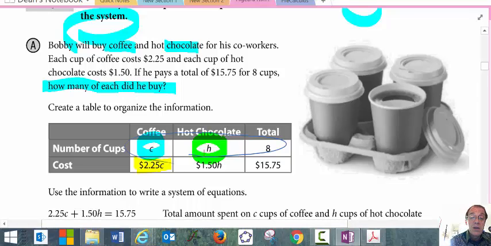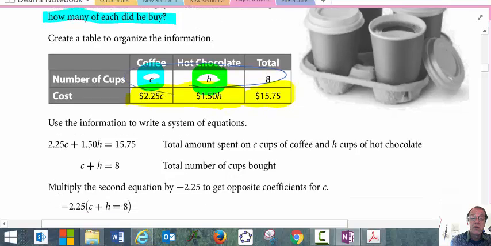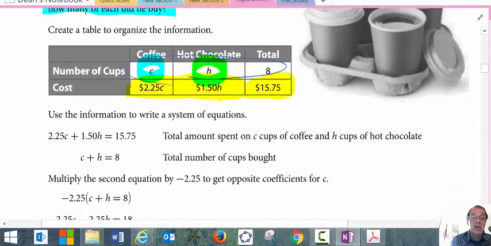And likewise, each cup of hot chocolate costs $1.50, so $1.50 times H, the number of cups of hot chocolate he has, is going to tell us the total cost for the hot chocolate. So together, if we add those two together, it should be $15.75. We can use those two equations then to solve the system.